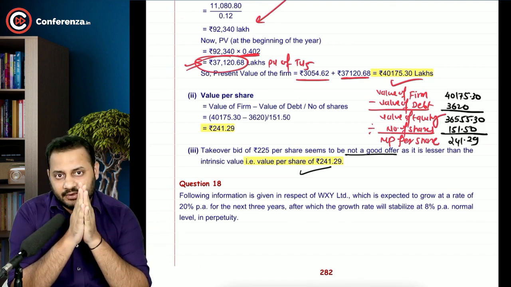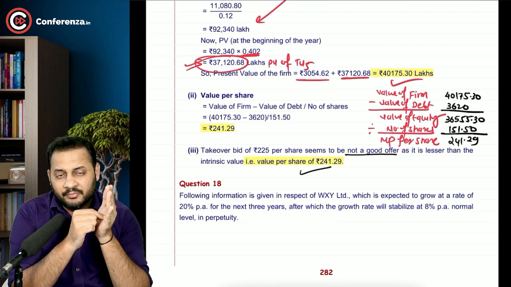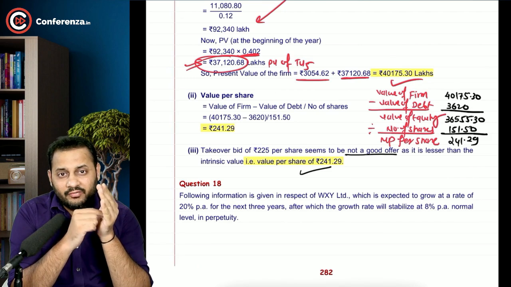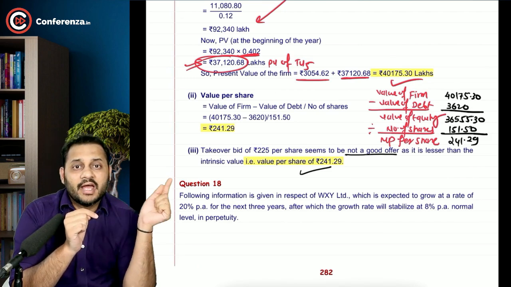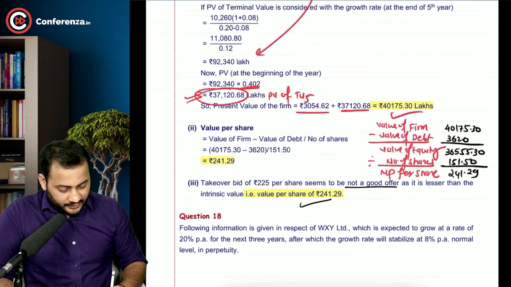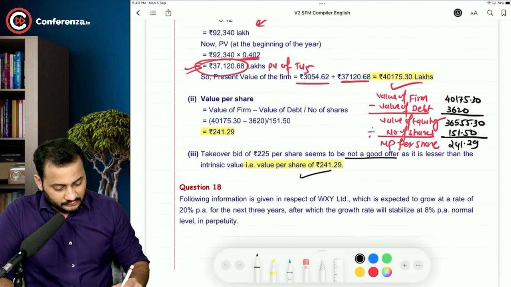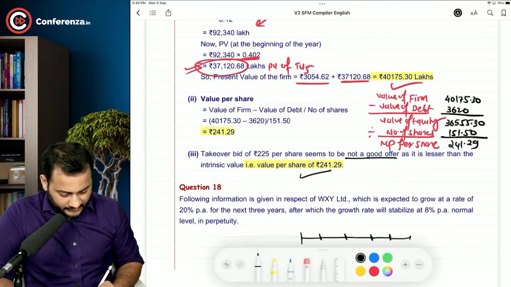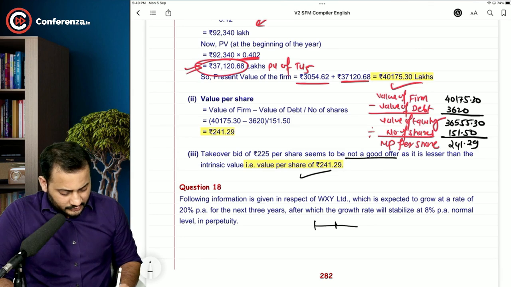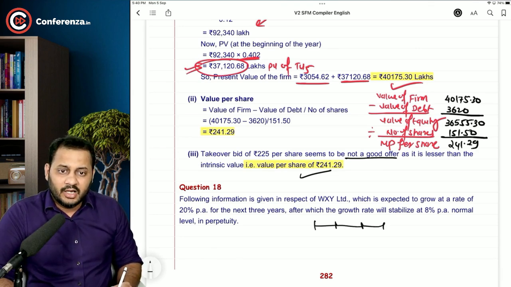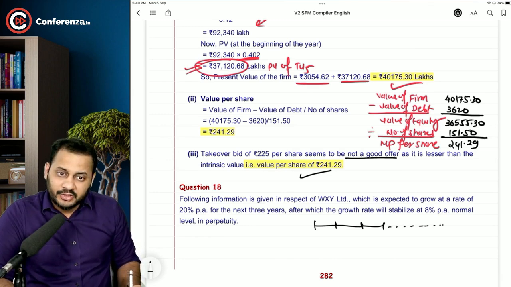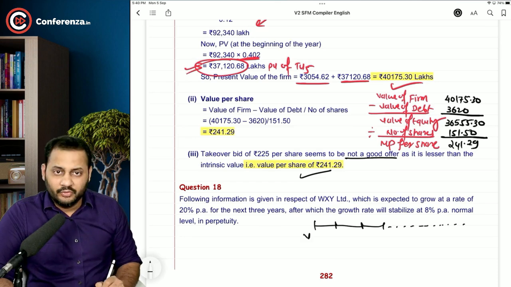Just to summarize everything, remember that value of the company today is nothing but the discounted value of the future cash flows. So if the company, let's say, 1, 2, 3, will have a certain cash flow for the next 3 years, and then the perpetuity will start, what will be the value here?